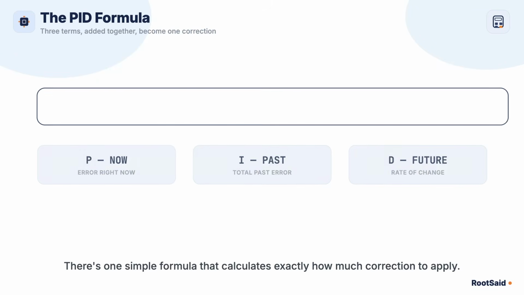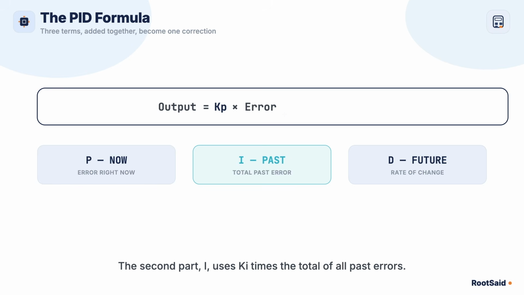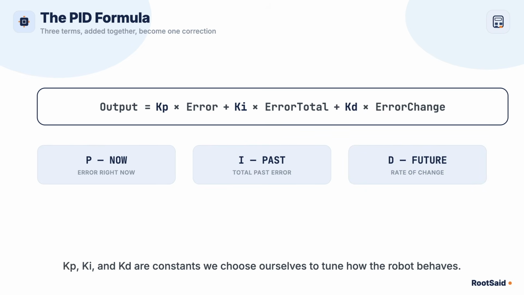So how do we calculate this analog effort? In order to do that, we use this very simple formula. Output is equal to Kp into error plus Ki into error total plus Kd into error change. So this is basically the PID formula. The Kp, Ki and Kd are the constants that we will be providing from our side.